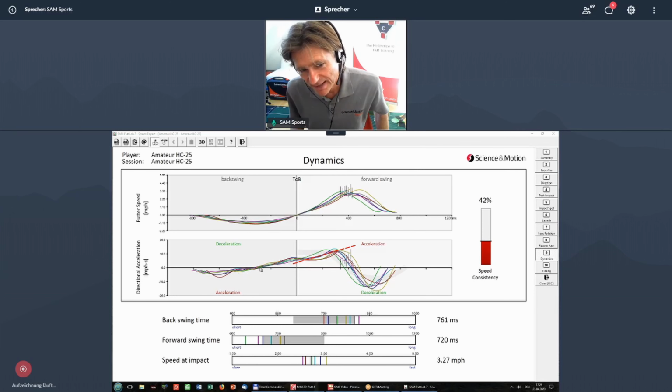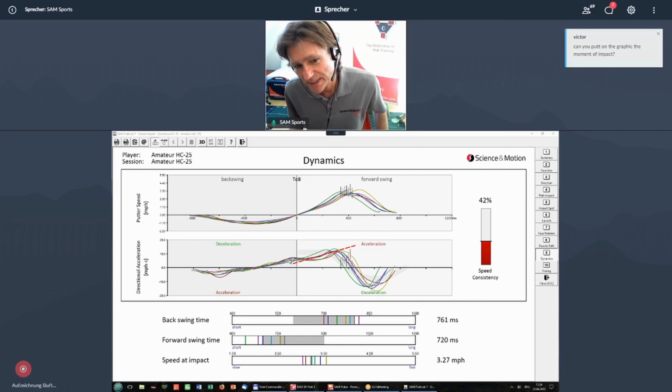Now, if I am in the deceleration phase of my backswing, then I reduce force into the direction of the backswing. Or what you can see, if you clearly look at this picture, you even activate force into the direction of the forward swing already.